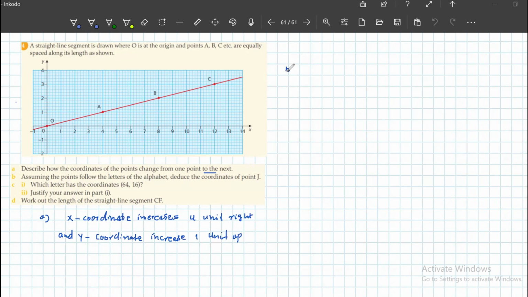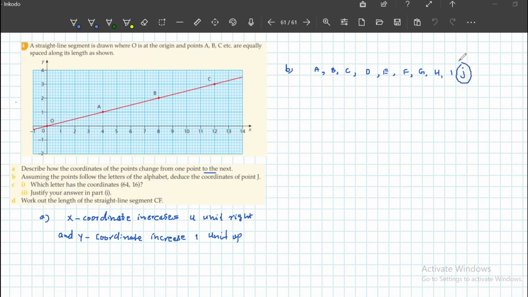In part B, they want us to write in the same way how the x coordinate and y coordinate increase at J, assuming the points follow the letters of the alphabet, and deduce the coordinate of J. So if you check carefully, A, B, C, D, E, F, G, H, I, J is 1, 2, 3, 4, 5, 6, 7, 8, 9, 10.